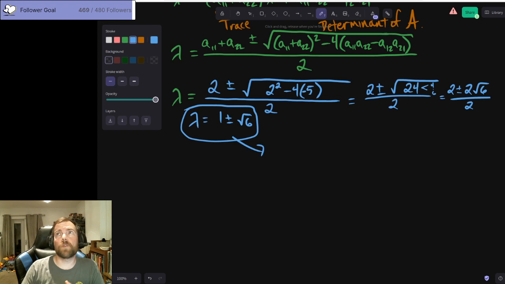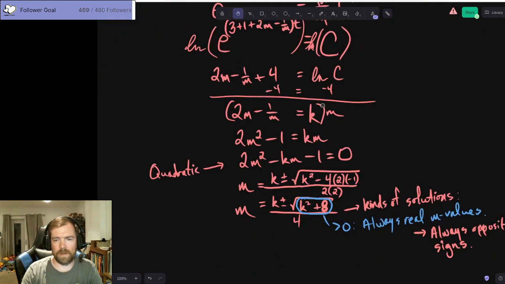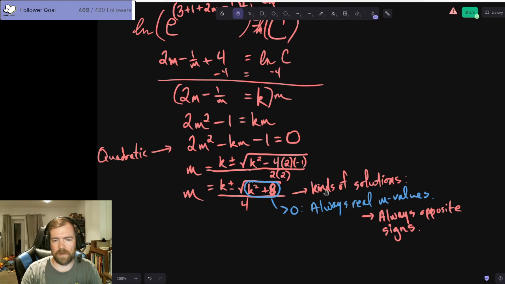So let's look at it more from the same algebraic perspective we were looking at it from before when we tried it the other way. We got our k or m values down here in terms of k. So I guess, are the properties that we found still holding?